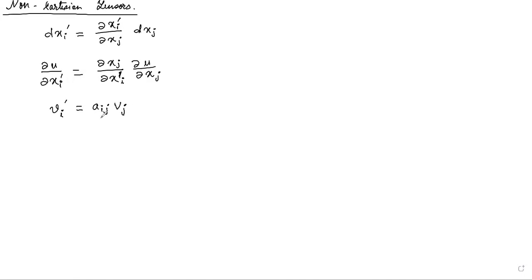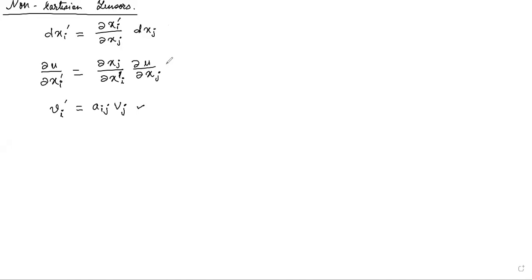Here aij is the direction cosine of the angle between the axes xi prime and xj. So this is the transformation of a Cartesian vector, this is how the coordinate differentials transform under a general transformation, and this is how the partial derivatives of a function u transform under a general coordinate transformation.